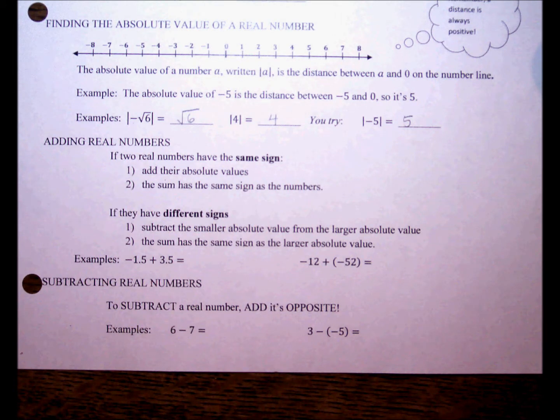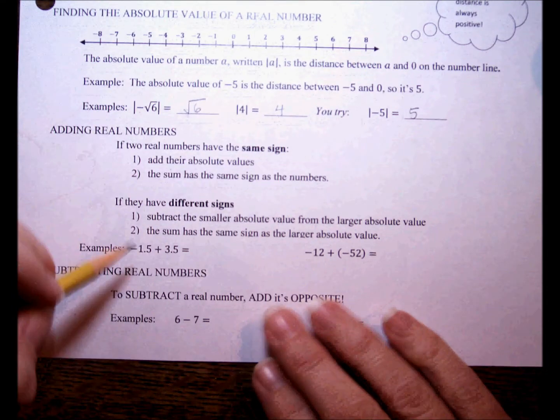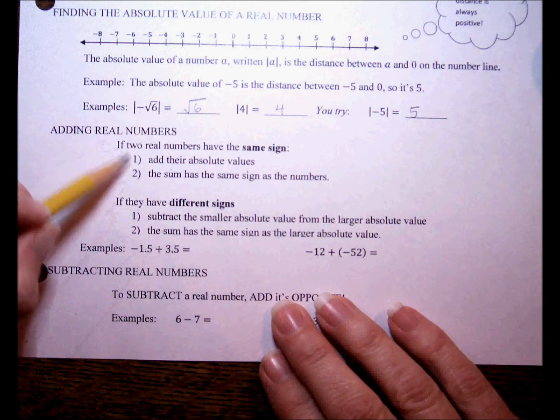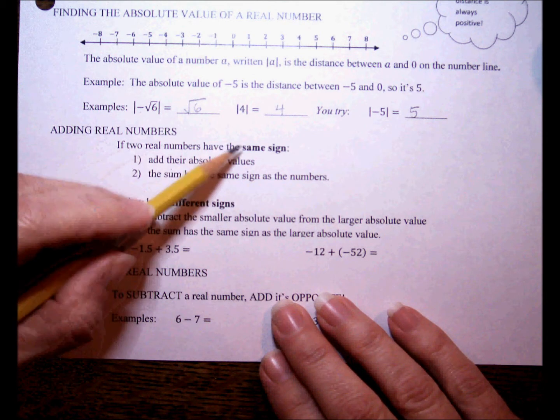Adding real numbers. I'm including these instructions. A lot of us do these without really thinking about the steps that we're going through, but if you put the steps into words, these words do a pretty good job at describing what we do.